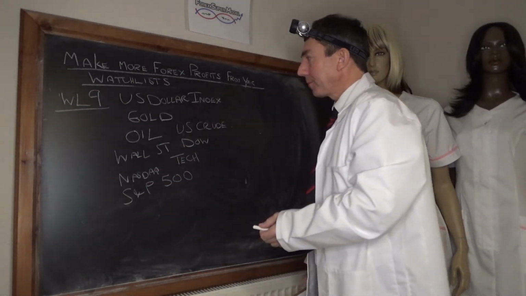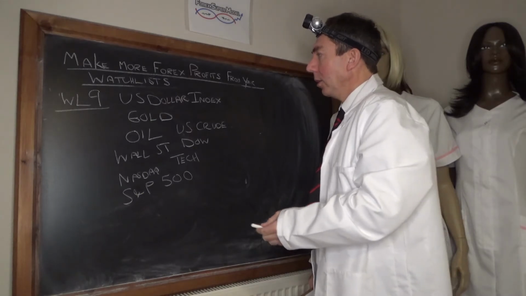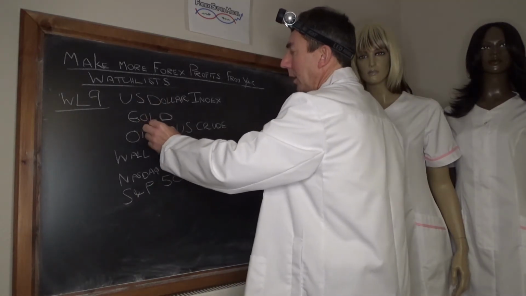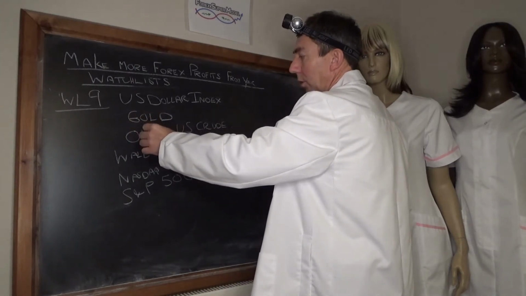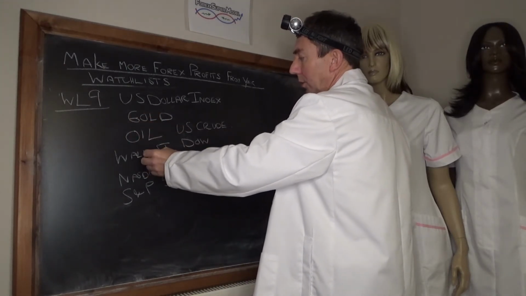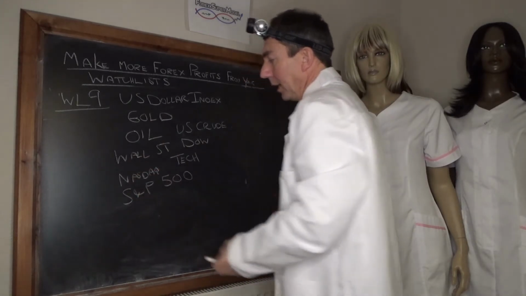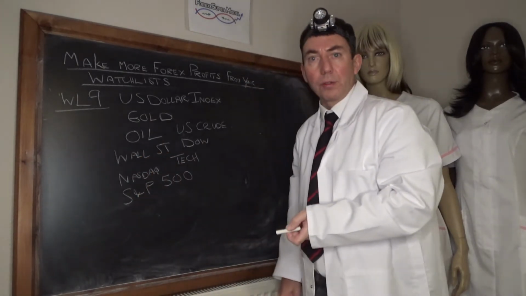Right, so asset classes, we've got Forex. We've got commodities, gold and oil. We've got equities. Now, why do we bother having all the 3 indexes?